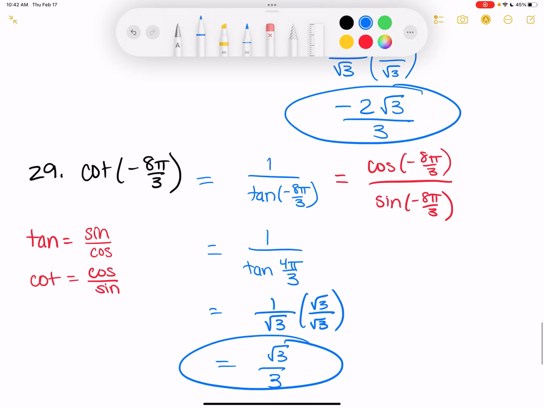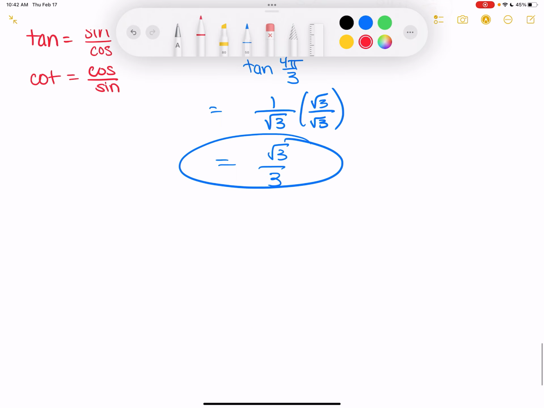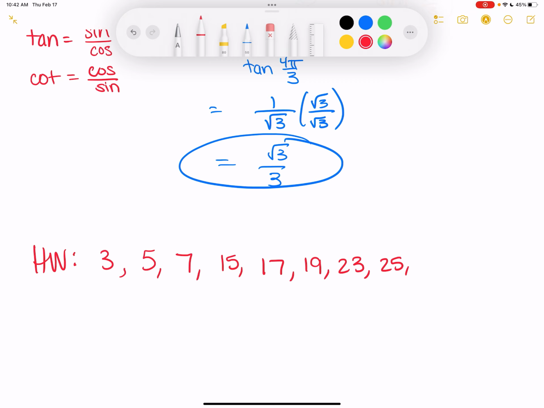So the problems that you need to do are 3, 5, 7, 15, and then let's see, 17, 19, 23, and then 25. We already did 27, we did 29, and then 31.